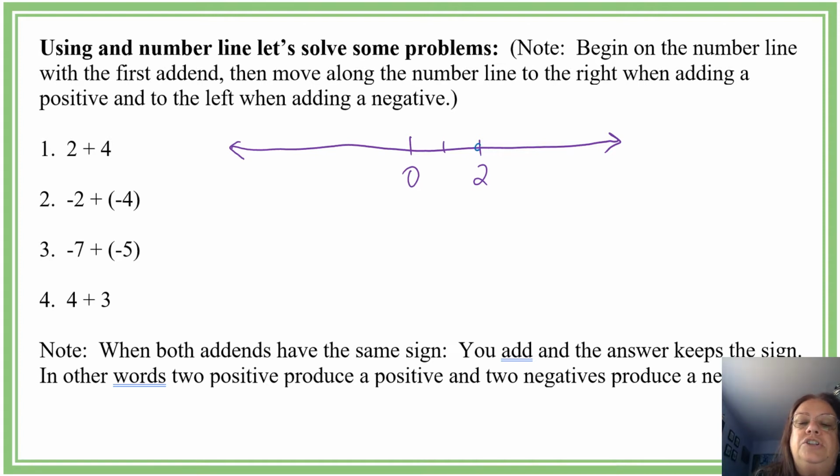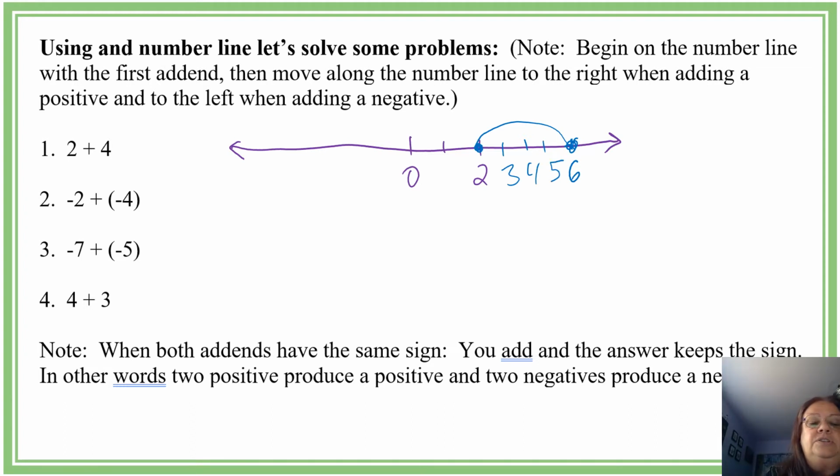Okay, we're going to start at 2, and we add 4. So we count 4 in the positive direction: 1, 2, 3, 4. So this actually is 6, right? Because we had 2, 3, 4, and 5, and then 6.